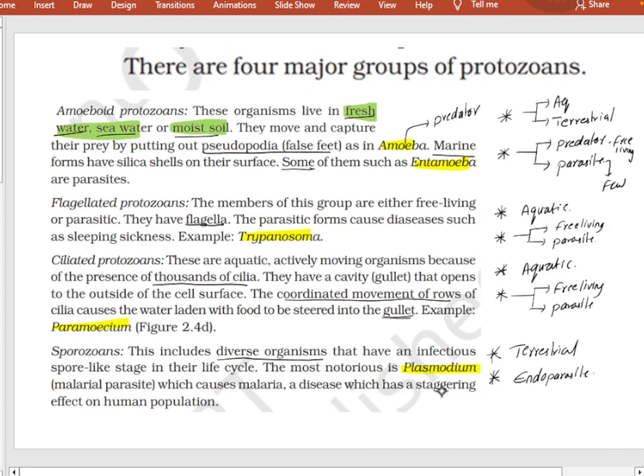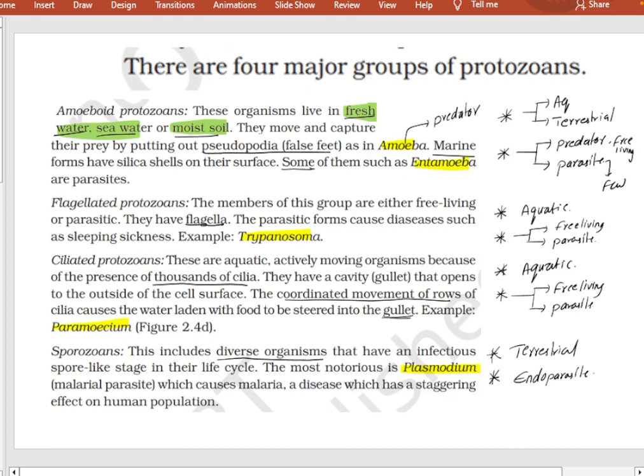So if the question is malaria is caused by Plasmodium, choose the option in italics. But if they ask what is the stage in slime molds, there also two options will be there, Plasmodium and Plasmodium, everything the same, but one in italics and one normal. At that time, you should choose the normal one.